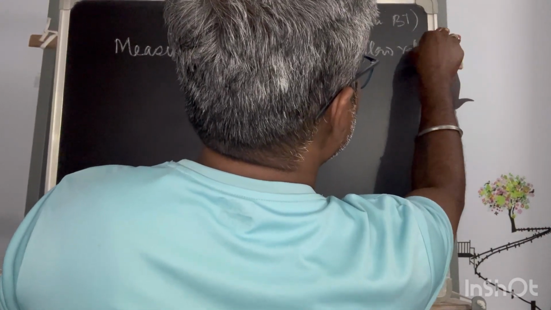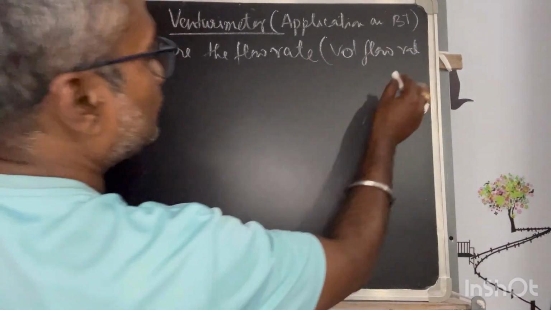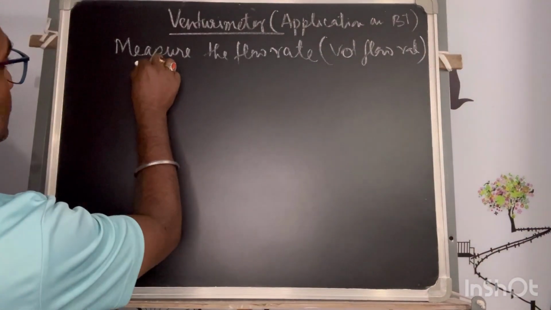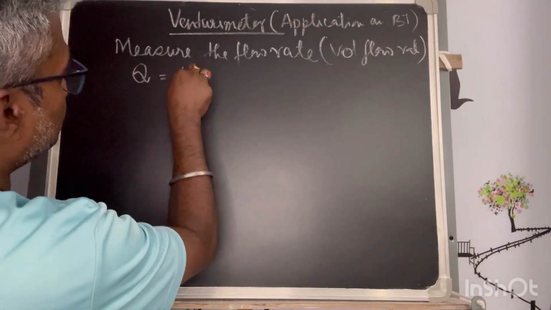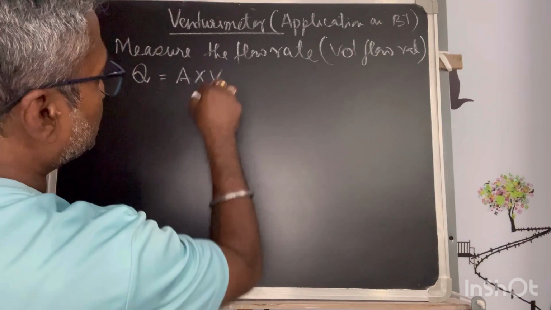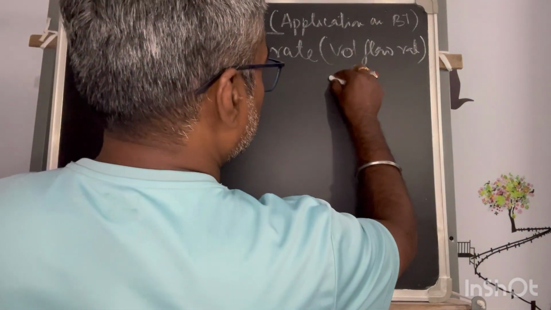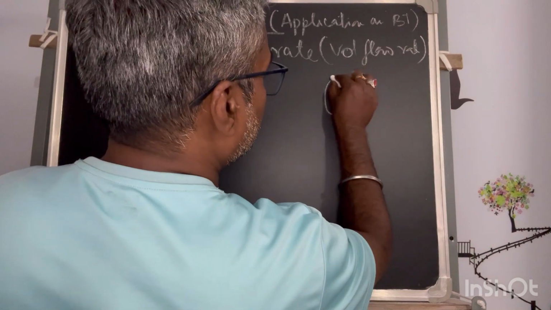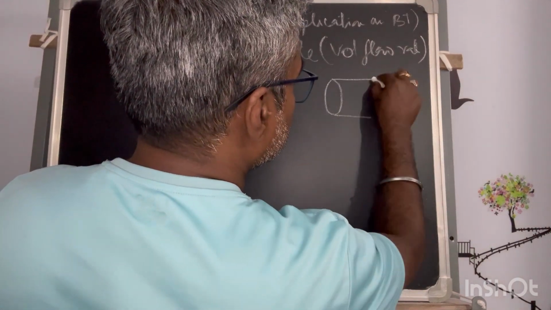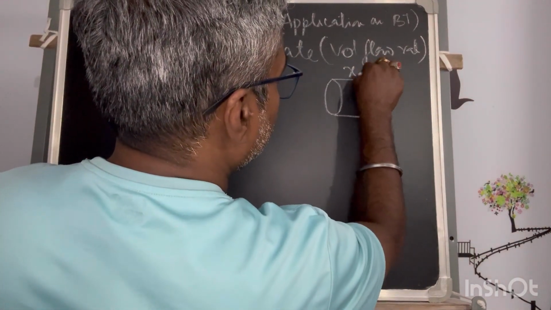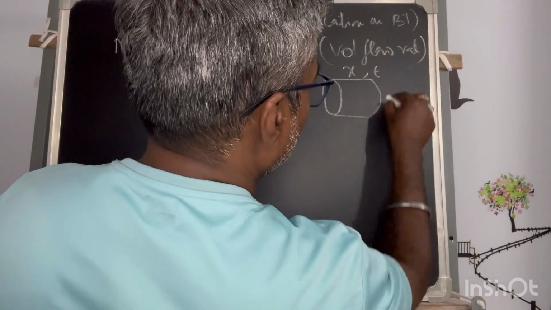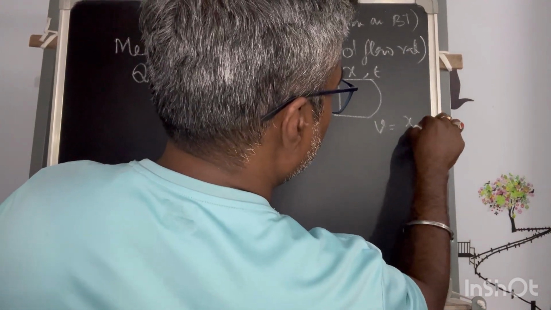The volume flow rate is denoted by Q, and that is equal to cross section into velocity. So how come it is flow rate? Because if this is the cross section and the velocity, that means the distance traversed. If this is the distance traversed in t time, then your velocity is x by t.